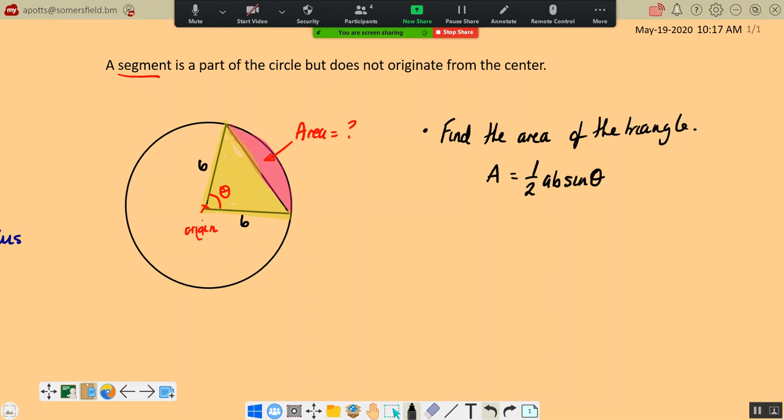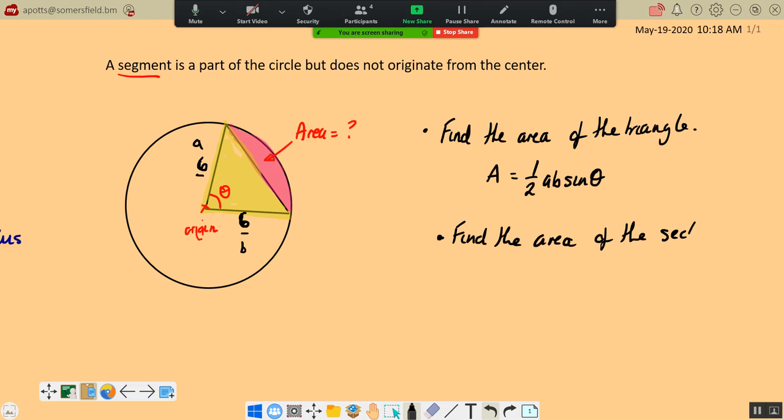So we could use the angle, and we've got the angle sandwiched here between the 2 sides. So this would be A and this would be B, if it's 6 and 6. We could use the formula to find the triangle. And then we could also find the area of the sector, which we've just done.